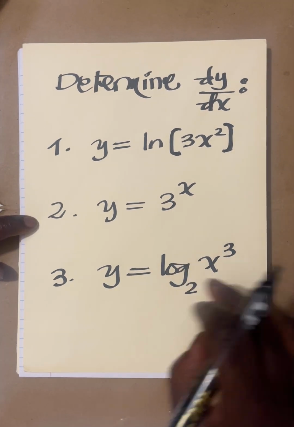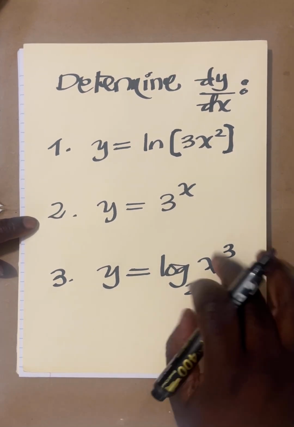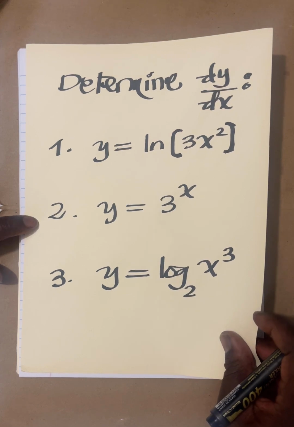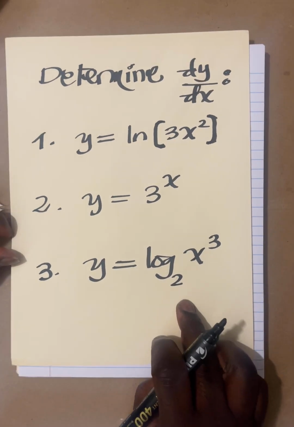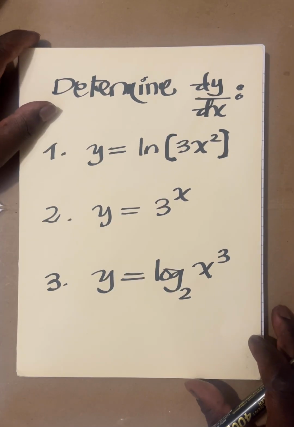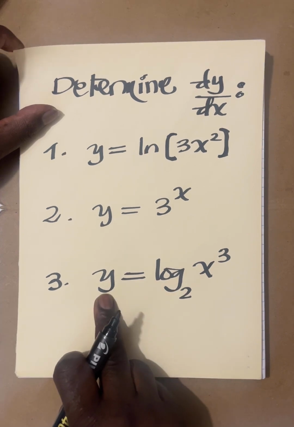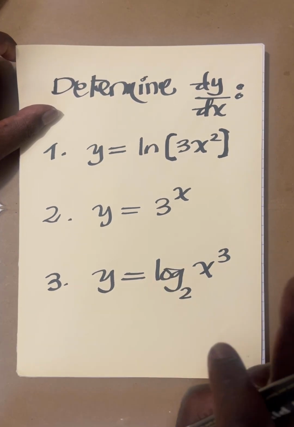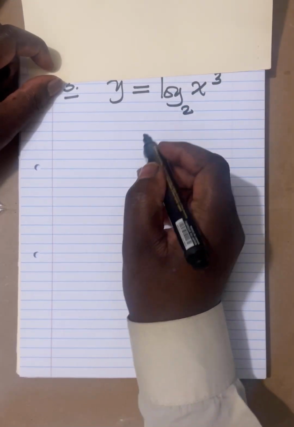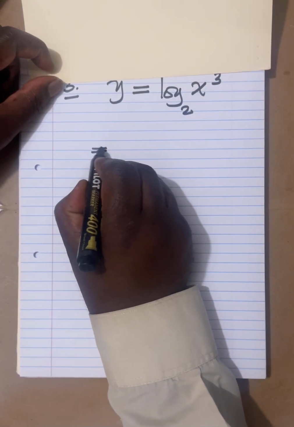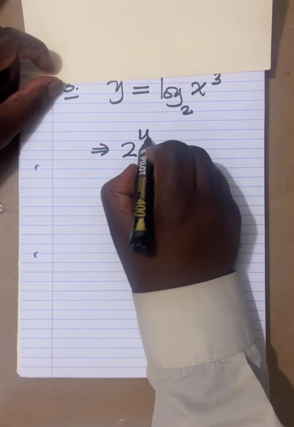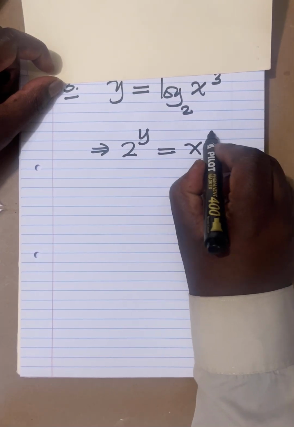We must convert this into an exponential form. So converting this into an exponential form, the 2 takes the place of y, and the y becomes the power, and the log is gone, and you have equals x cubed. That's a short technique that I use. So this implies 2 to the power y is actually equal to x cubed.